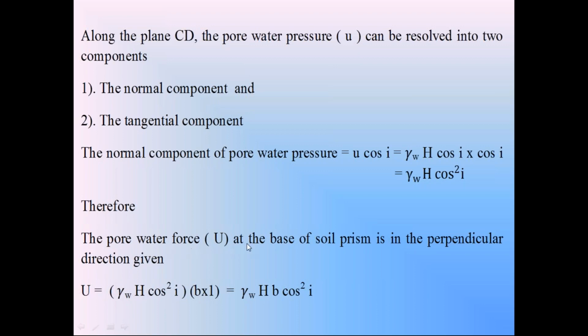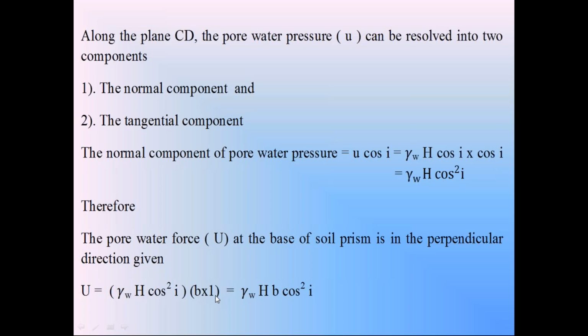So the pore water force capital U on the surface CD in the perpendicular direction is this pore water pressure, gamma W H into cos square i, into area of the surface CD, B into 1.